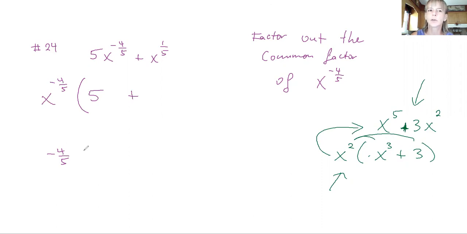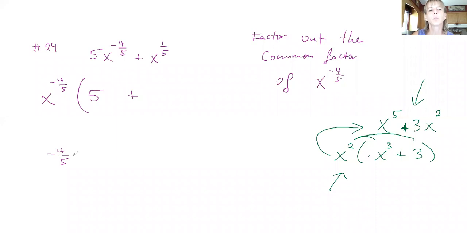Because technically, if we're looking at this and going in reverse, this one times this one has to be that one. So what I'm wanting is, I'm going to have to add exponents and get a 1/5 out of it. So I have to get a little bit creative here.